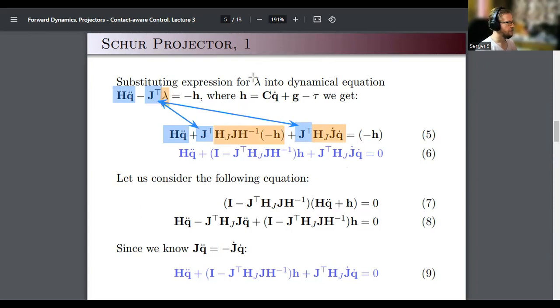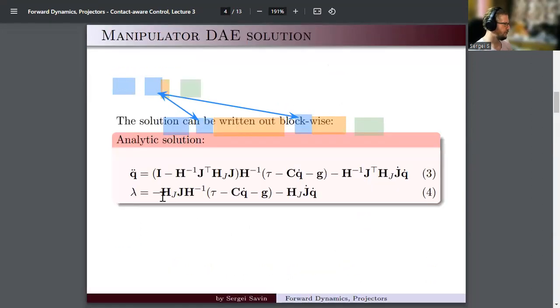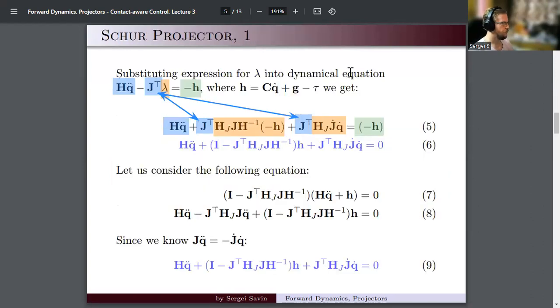And you have the right-hand side. So substituting lambda, we get all of that. The expression for lambda, you remember, looks like minus H sub J, J H inverse, right-hand side, minus H sub J, J dot q dot.